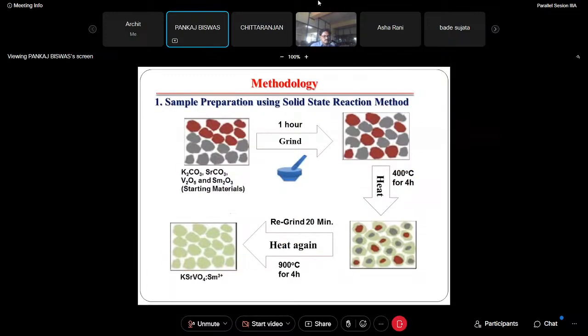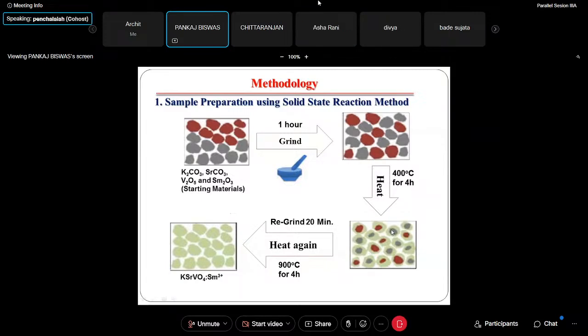The methodology behind it is quite simple. We prepared samples using the solid state reaction method, in which carbonates of the precursors were put as the starting material. They were ground for 1 hour in a mortar and pestle, and then heat treated at 400 degrees Celsius for 4 hours.